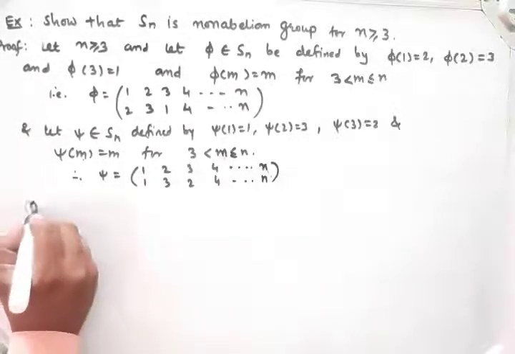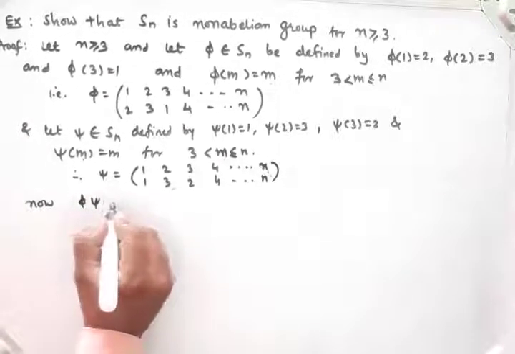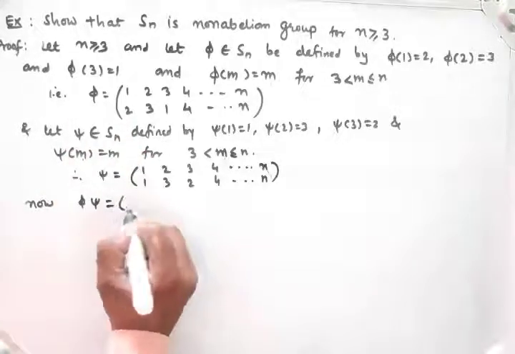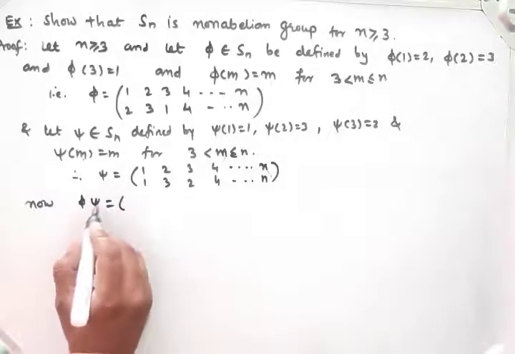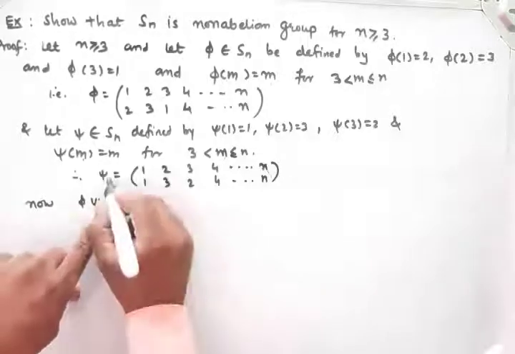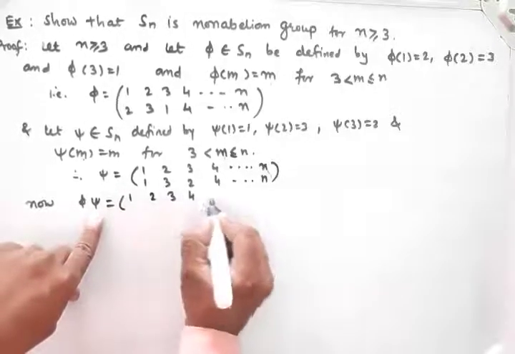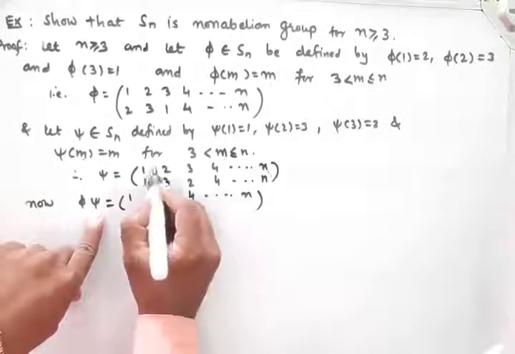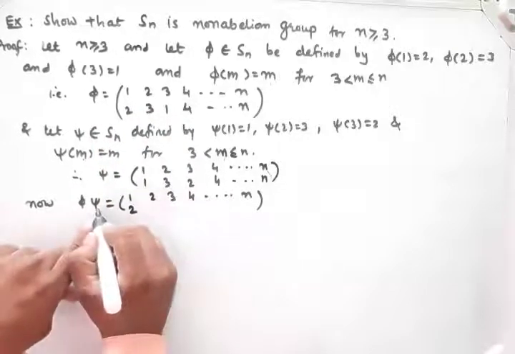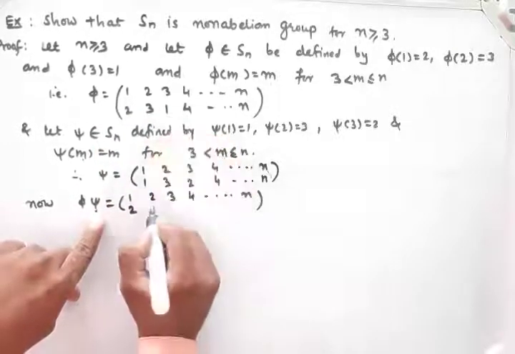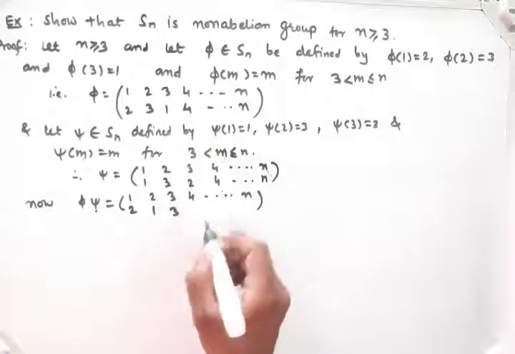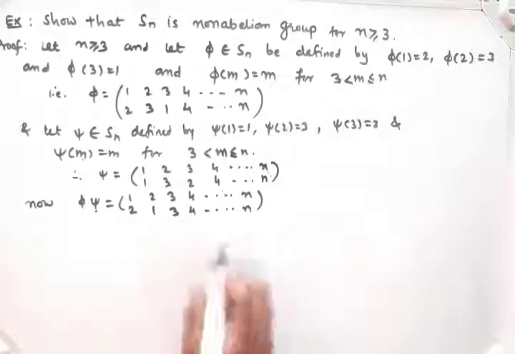Now phi psi means first apply psi and then apply phi. So psi on 1, 2, 3, 4 up to n: 1 goes to 1, then phi sends 1 to 2; 2 goes to 3, then 3 goes to 1; 3 goes to 2, then 2 goes to 3; and the remaining values, 4 goes to 4 and so on up to n.